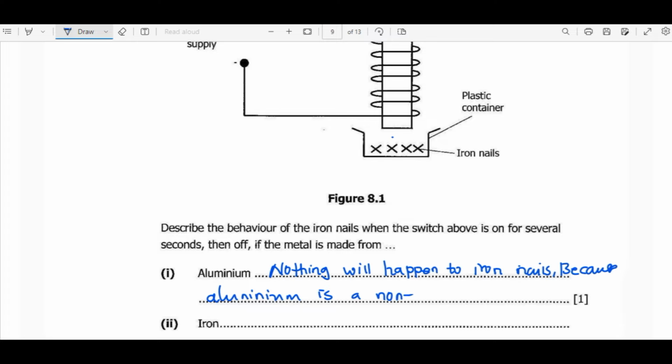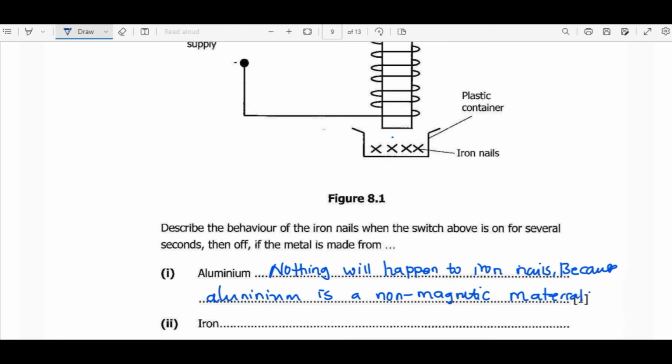So for aluminium, we know that it cannot be made into a magnet. So nothing, even if you switch on the apparatus or the setup, we don't care for how long this setup is switched on. If the metal bar inside the solenoid is aluminium, then nothing will happen because it will not be turned into a magnet.